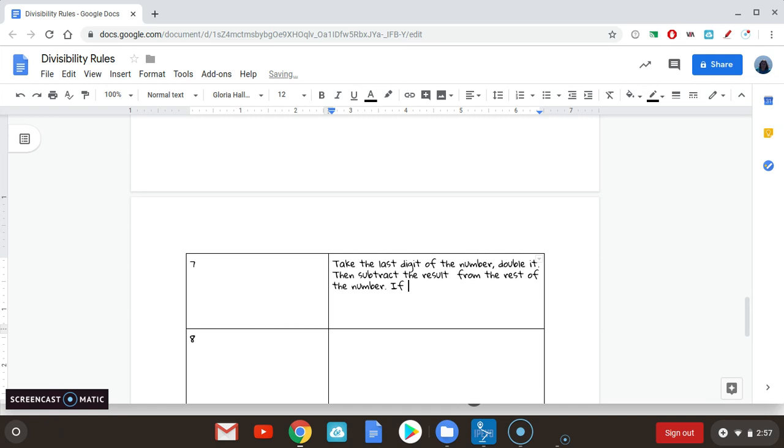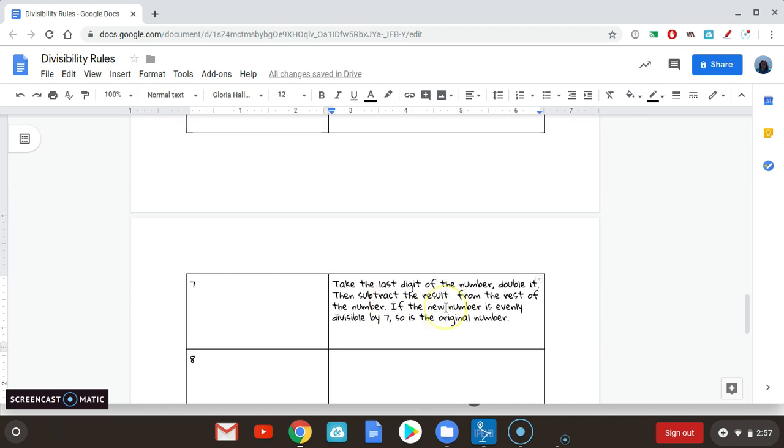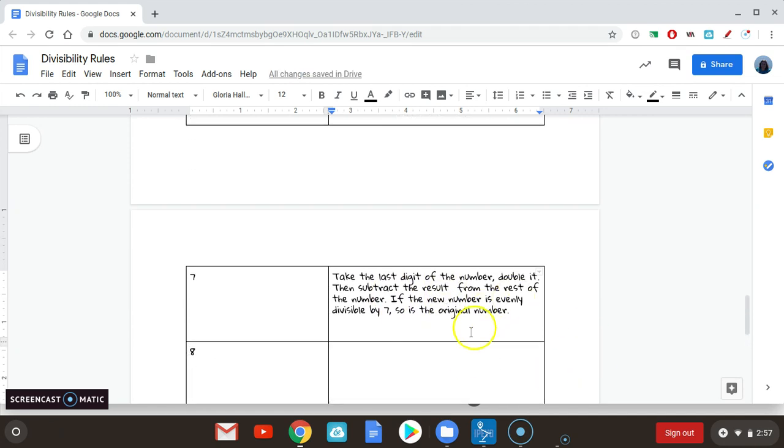If the new number is evenly divisible by 7, so is the original number. We'll take a look at this one as we go through, because this is one of 2 divisibility rules that is going to be the funkiest of the divisibility rules.